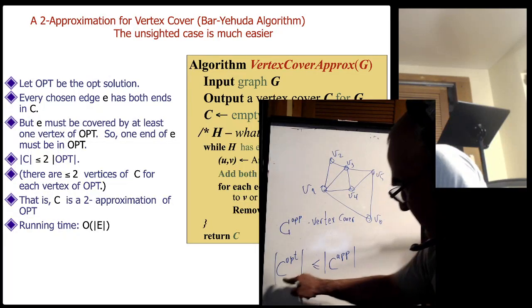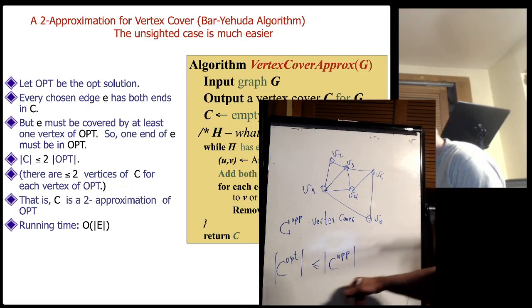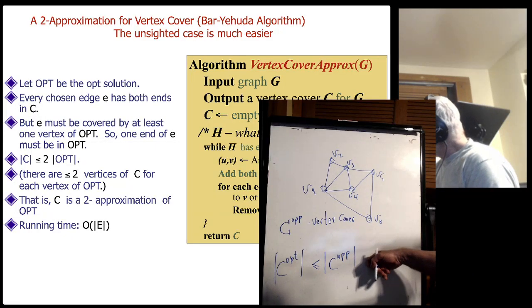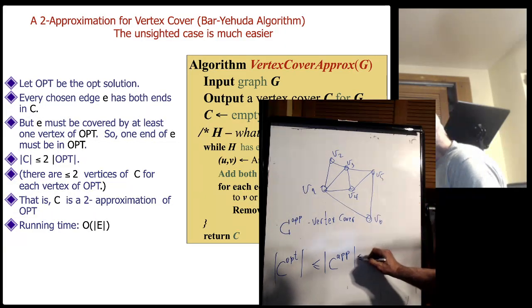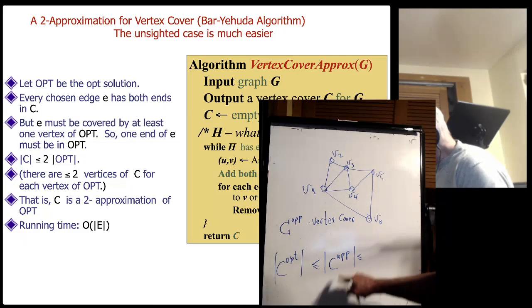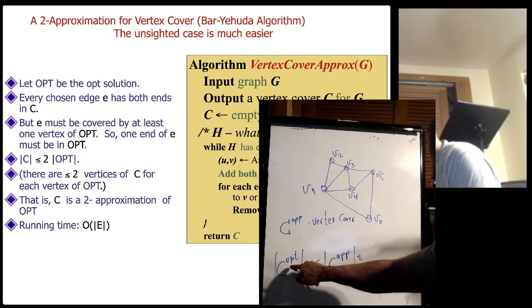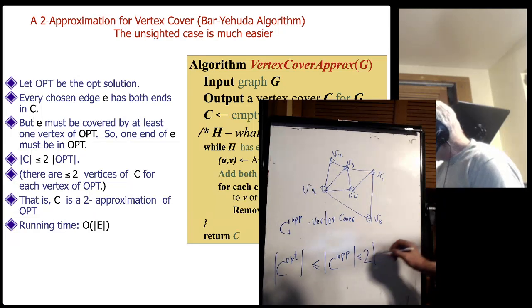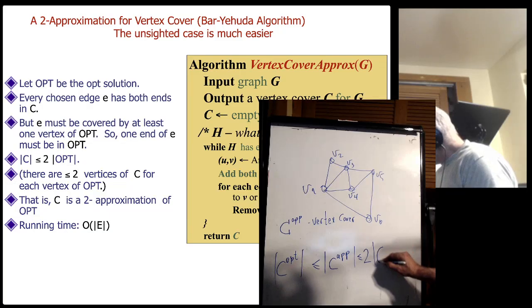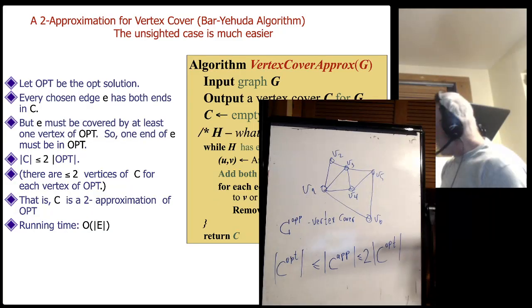How many vertices will I take if I run, say, the integer linear programming, or just find the best solution to the problem? So the approximated solution, since we are trying to minimize, is of course larger or equal than the optimum solution. However, it is not much larger. It will be less than 2 times C optimum. I will not pay more than twice the optimum.